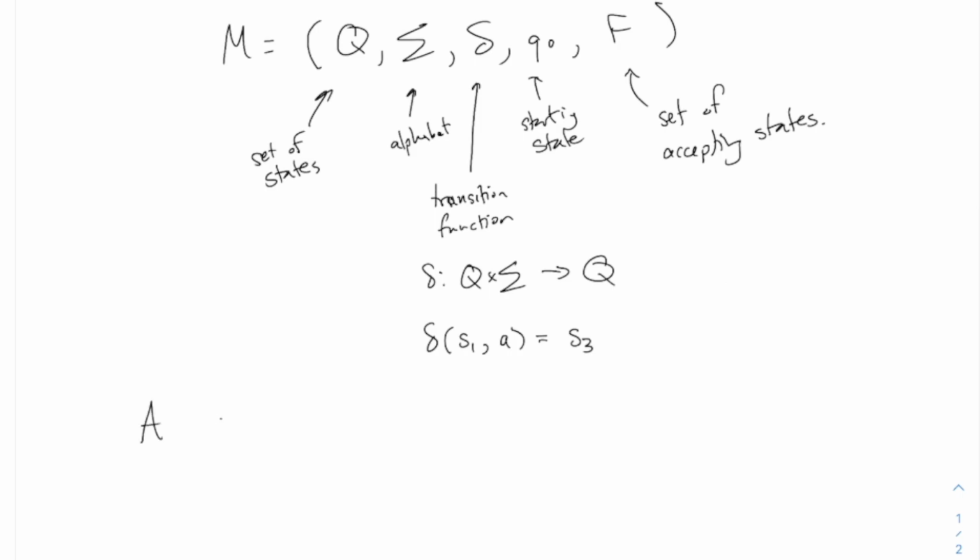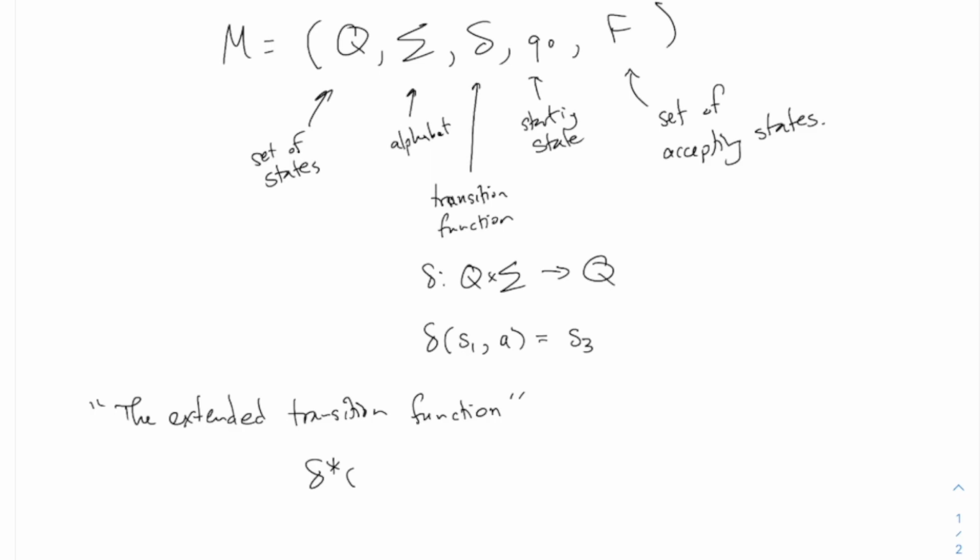Oh, sorry. One other thing that I wanted to remind us of from last time. We also have what's called the extended transition function, which is written as delta star. It really represents the same thing as delta, but you're allowed to plug a whole string into it.